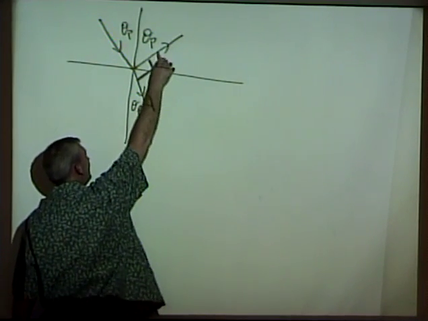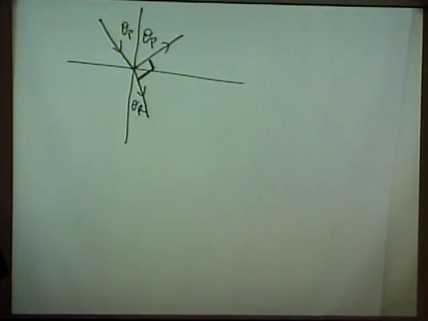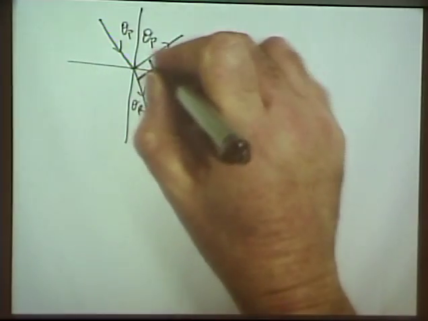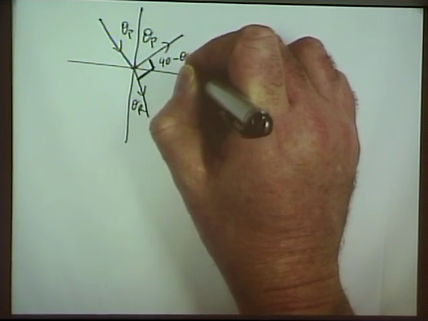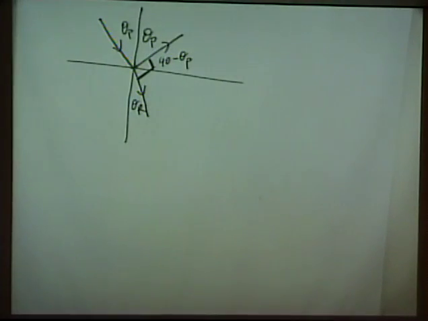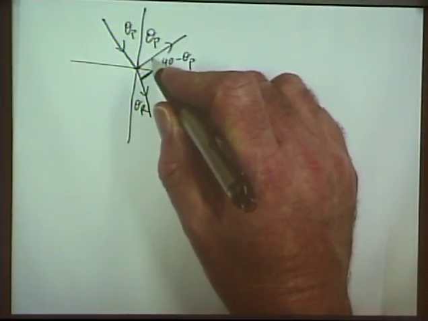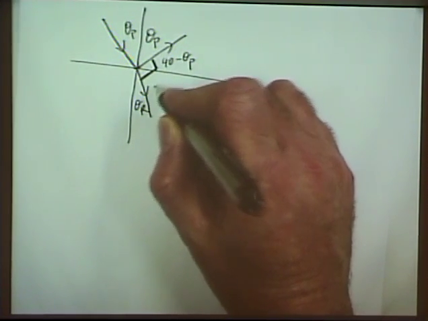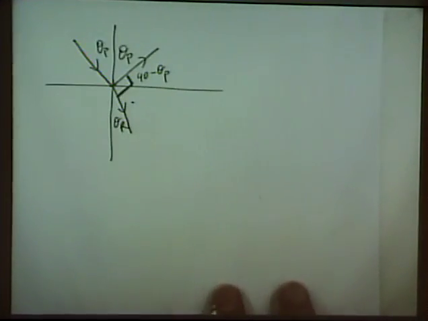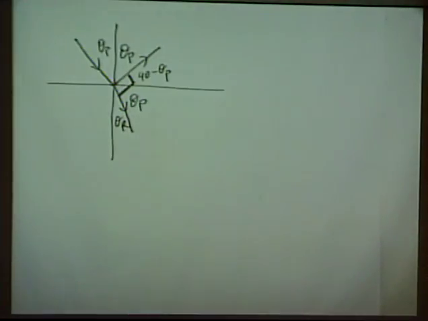So what's this angle? It's 90 minus theta p, right? And if this is a 90 degree angle, what's this angle right here? It'd be theta p, right. This is theta p.